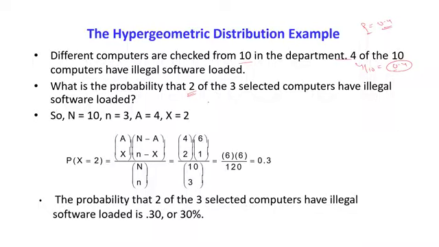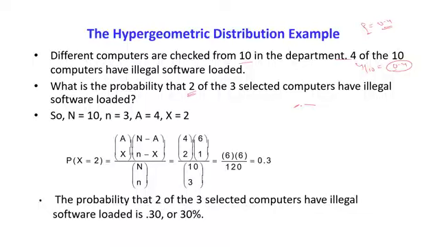Now here I'm saying what is the probability that 2 of the 3 selected computers have illegal software loaded. Earlier we were asking the probability that 2 out of my 3 customers coming into my store will make a purchase. Now there is a difference. Here the events are related, they are not independent.